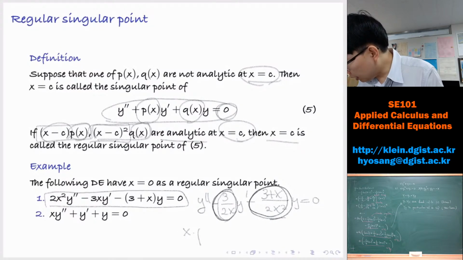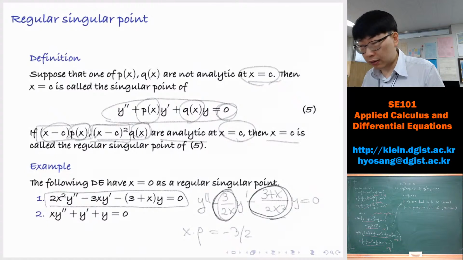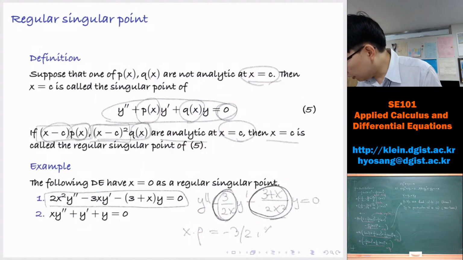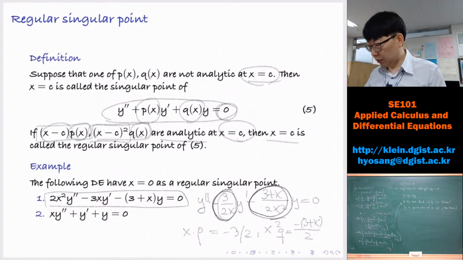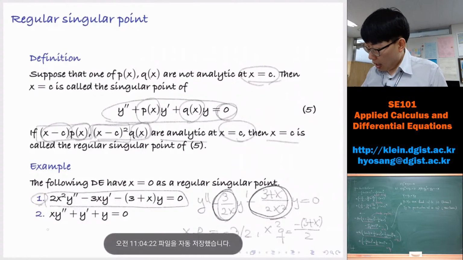If I write x times p, it's minus 3 over 2, which is analytic at 0. And if I write x squared q, then this is minus (3 plus x) over 2, which is also analytic because it's a polynomial. Therefore, 0 is a regular singular point of this first differential equation.